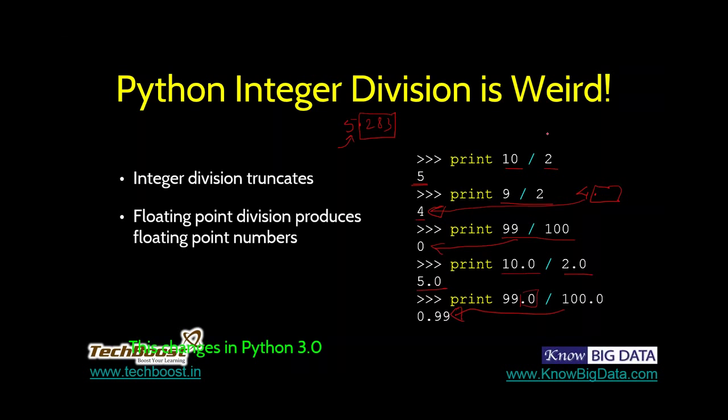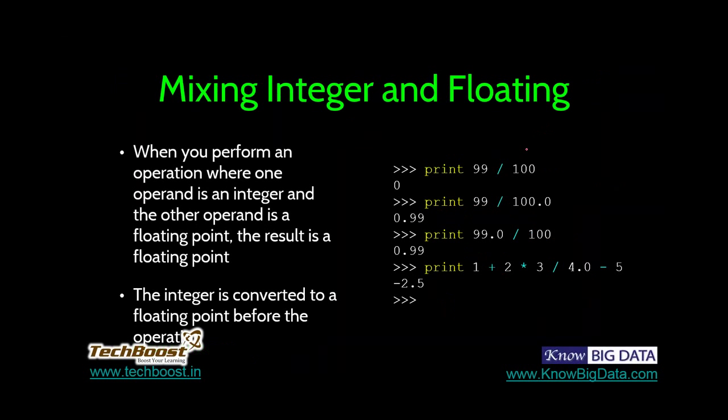Now what if we try to mix integer and floating? If we mix integer and floating, the result is floating because the integer is converted to a floating point before the operation. In this, one is an integer, another one is a float, and the result will be float.